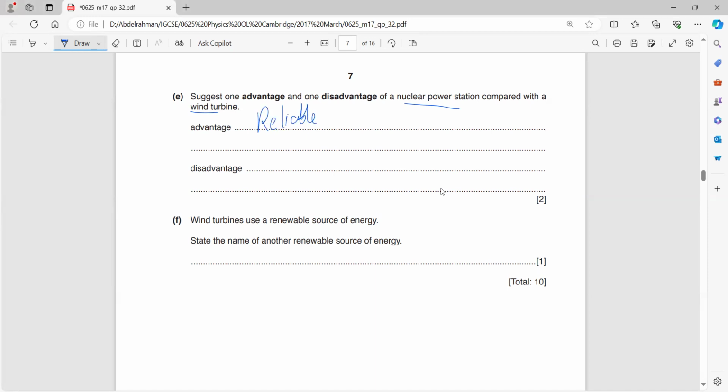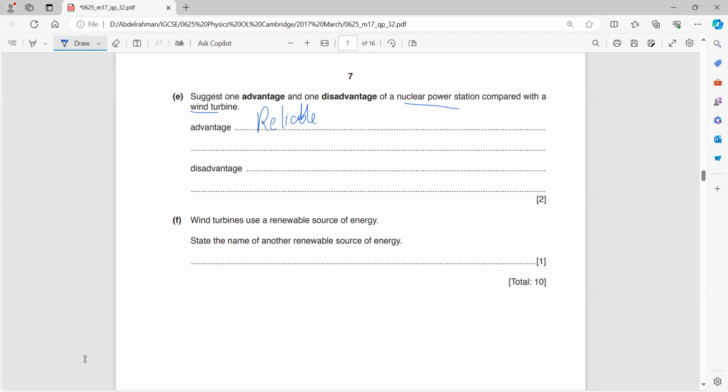Why? Because it doesn't depend on the wind. The wind turbine depends on the wind. Some days we can have a lot of wind, some days we won't. So it wouldn't give the same energy output. So it's not reliable.